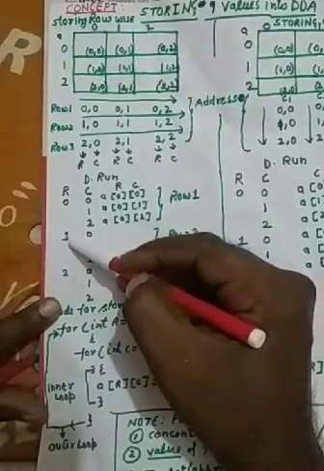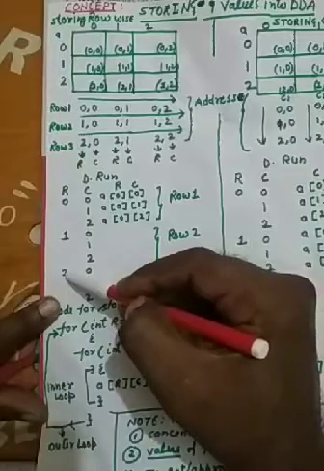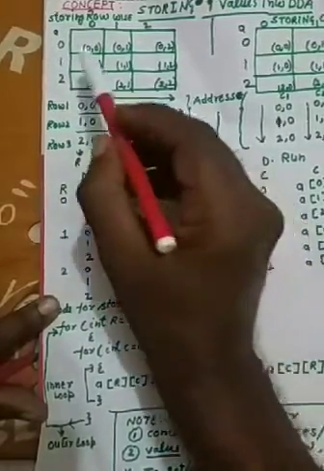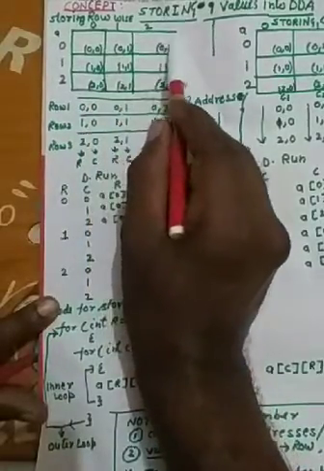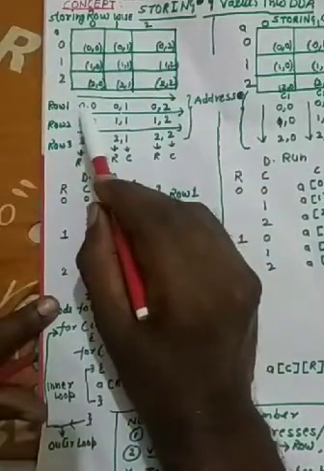For outer loop 2, again 0, 1, 2. So moving this way, we are storing values into the first row first, then the second row, then the third row.